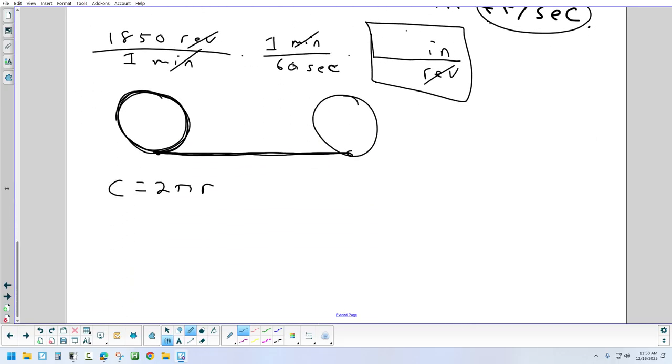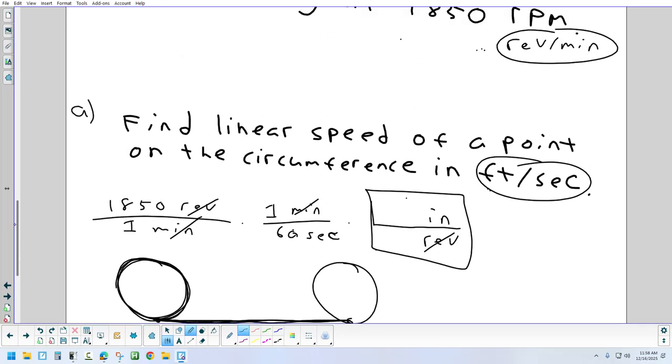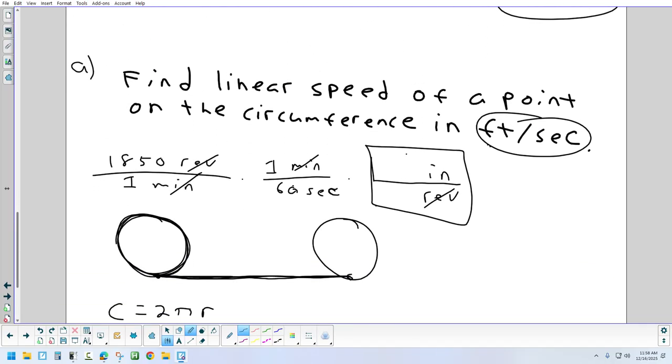Yeah, 18 inches. So we're going to find the distance around the circle. 2 pi times 18 is 36 pi inches. That's the circumference of this tire. So it's 36 pi inches to go all the way around one time, 36 pi inches in one revolution. And that's a conversion you have to figure out every time with the circumference formula.